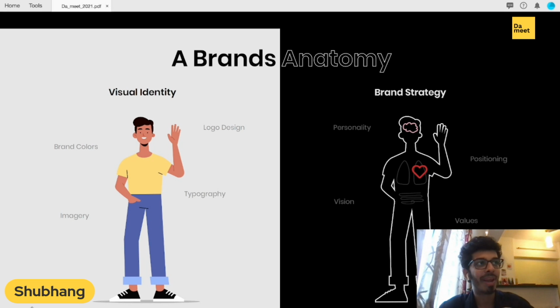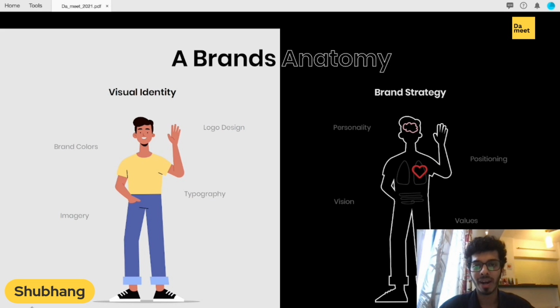I have been mentioning a brand is a human, so here's a literal comparison between a human's anatomy and a brand's anatomy. I don't see any doubts, so that's great.